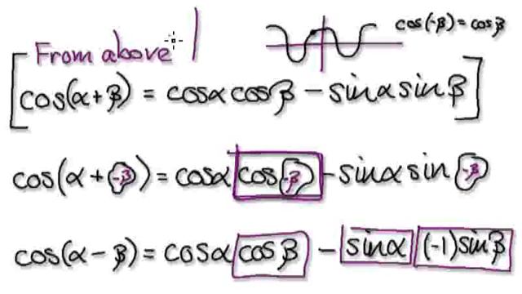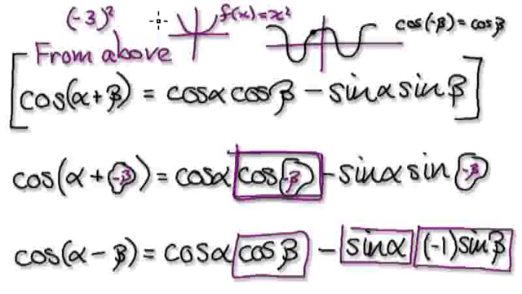Whenever you have an even function, just like f of x equals x squared, doing minus 3 squared is the same as doing 3 squared. So why not just ignore the negative version and do the positive version, because it's easier. It's an even function.